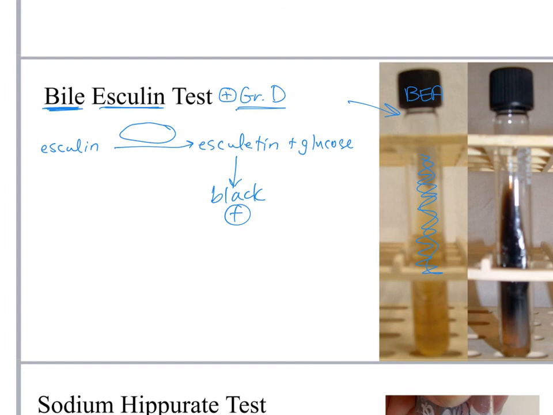So you don't need to add any reagents. It's already in the media. And after incubation, we get a nice black color change. So this one is really very obvious and easy to read.